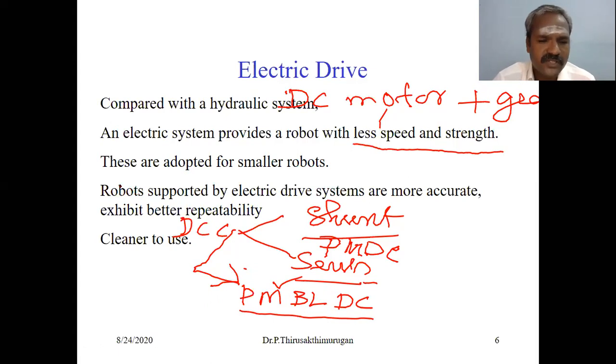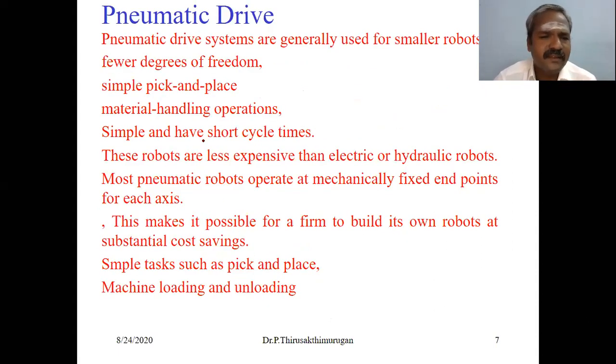So robots supported by electric drive systems are more accurate and exhibit better repeatability. This is very important. They are also much cleaner when compared with hydraulic as well as pneumatic drive systems. Pneumatic drive systems are generally used for smaller robots.